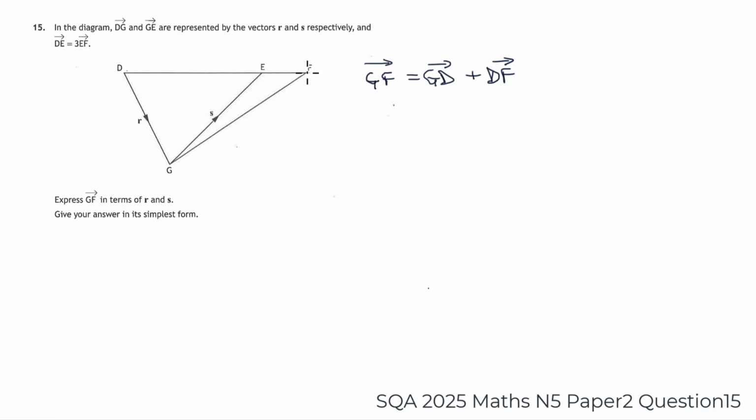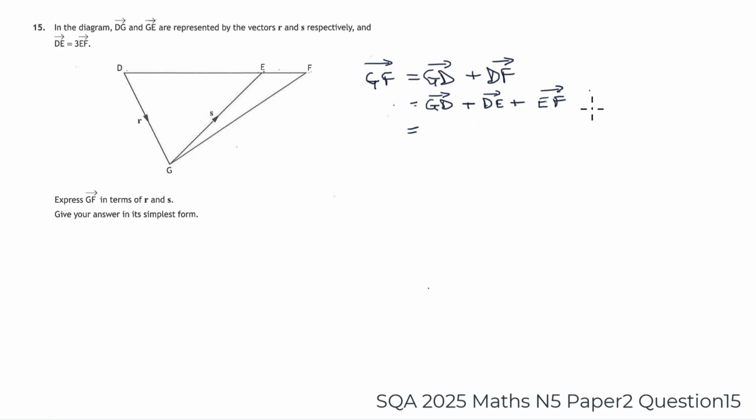D to F, well, maybe we should split that up and have a cup of coffee at E. So let's do that. So we'll travel from G to D, and then we'll travel from D to E, have a bit of a rest, and then we'll continue our journey from E to F. Because after all, we know that E to F, well, we're told that from D to E is 3 times from E to F. So I think things are going to be okay here.